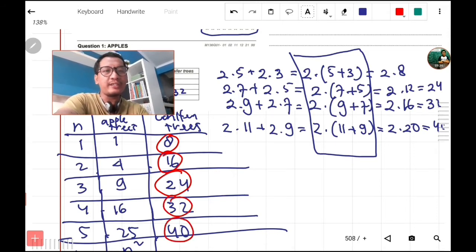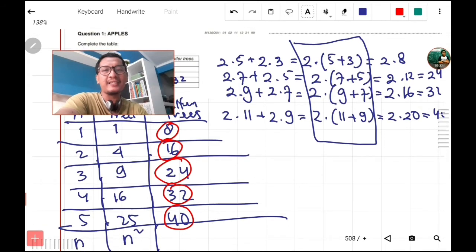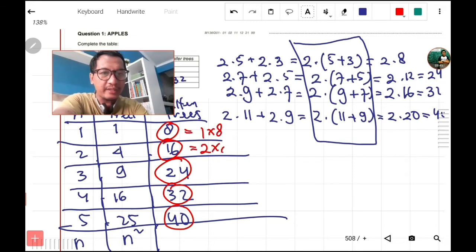Can you guess the pattern? They are multiples of 8, right? This is 1 times 8, 2 times 8, 3 times 8, 4 times 8, and 5 times 8.